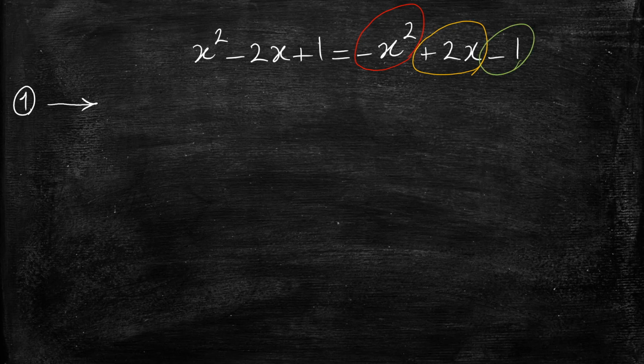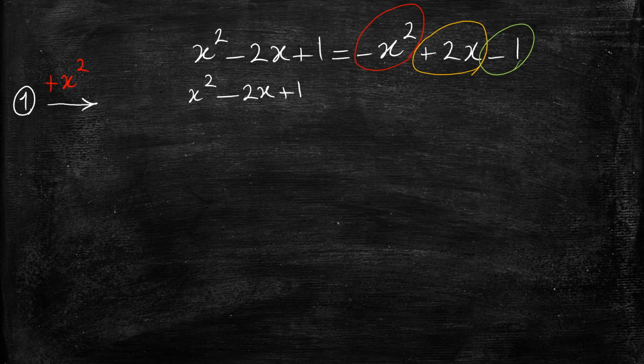So on the right hand side, I have my negative x squared. To get rid of that, I'm going to add x squared to both sides of the equation. So I'm going to say plus x squared, on both sides. So I have x squared minus 2x plus 1, that's so far the left hand side.